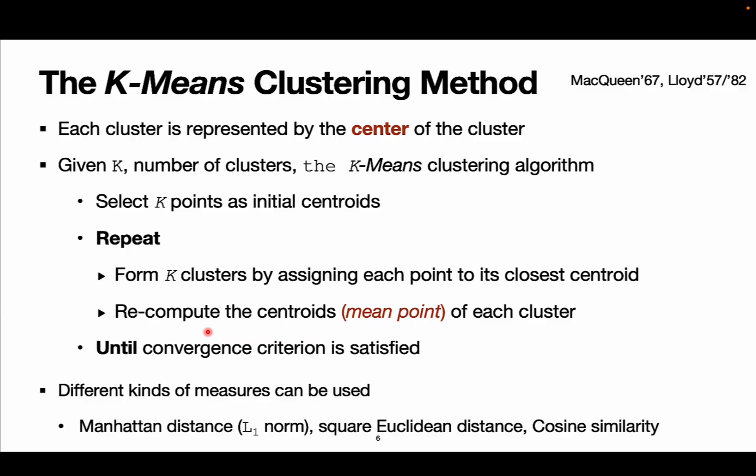This step updates the position of each centroid based on its new members. The algorithm repeats these steps until convergence happens, which means the cluster assignments stop changing or the centroids stabilize. In most cases, we use the squared Euclidean distance as a similarity measure, but other measures such as the Manhattan distance, L1 norm, or cosine similarity can also be used.